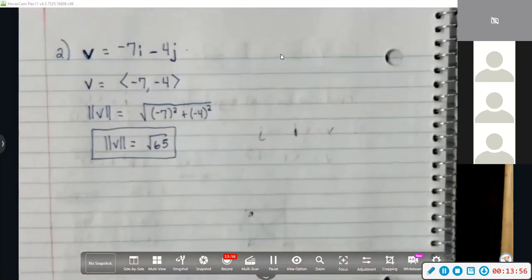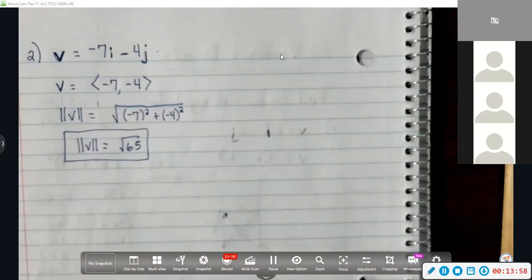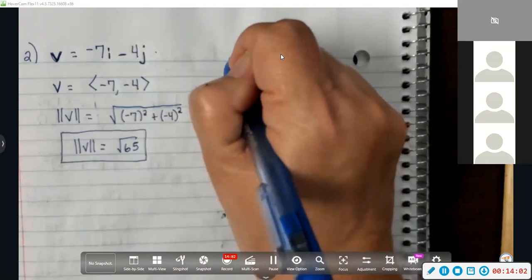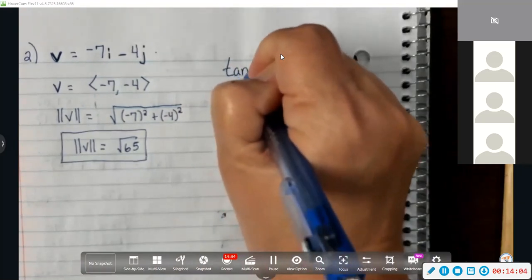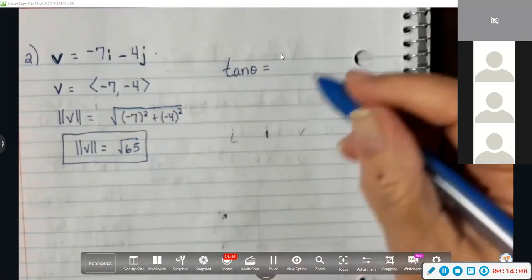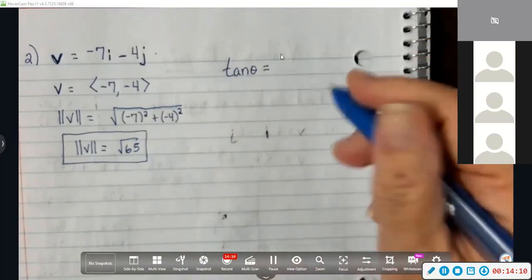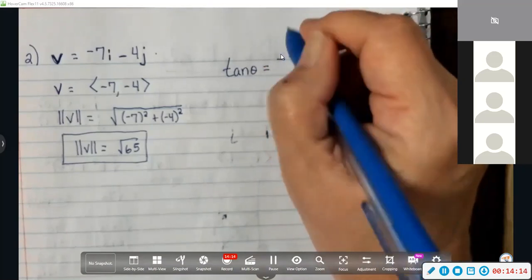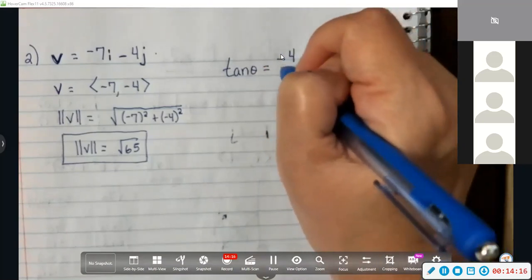All right, now we want to find the direction. So we're going to take the tangent of theta. Tangent of theta is sine over cosine. That's vertical over horizontal. So that's -4 over -7.